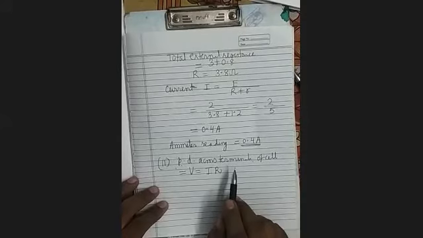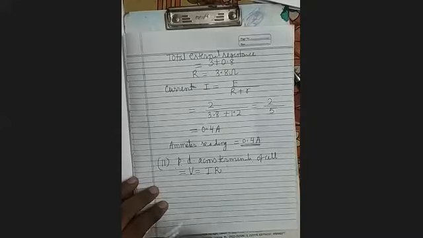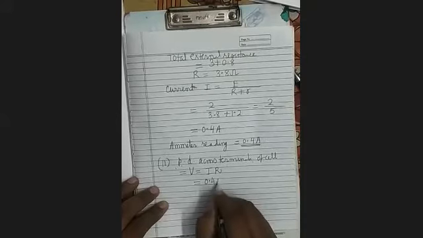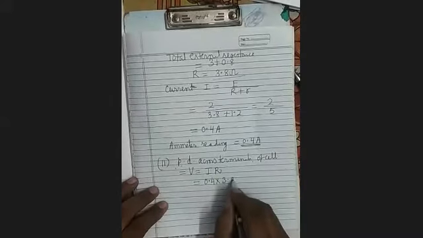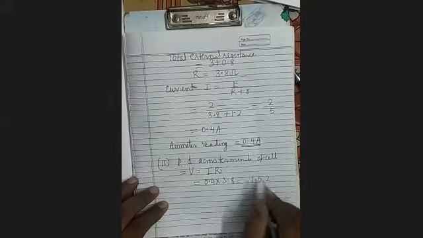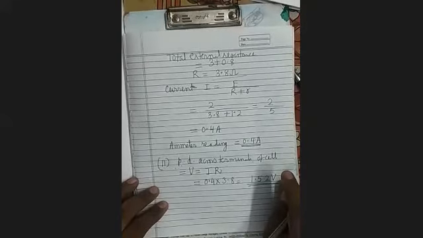It is known as potential difference across the external resistance. So ये कितना होगा? I into capital R. I is 0.4, capital R is 3.8. So it is equal to 1.52 volt.